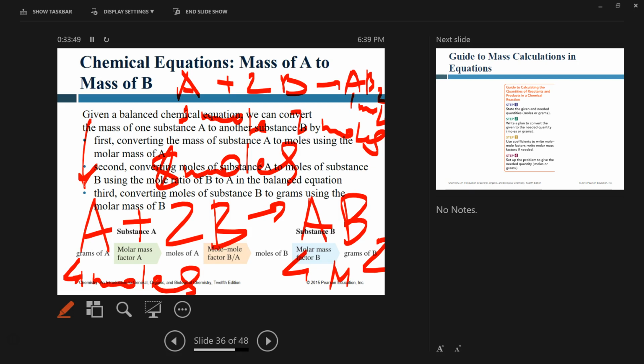Yes. Can I calculate the actual mass of substance B that I need to put on the scale? Yeah. Can I predict what's going to be the mass of substance AB that I will get? Yeah. Excellent.